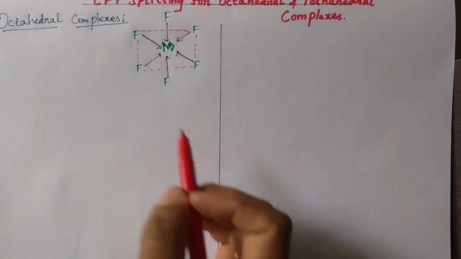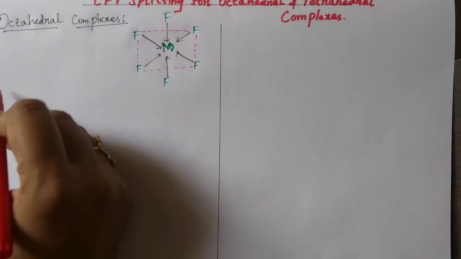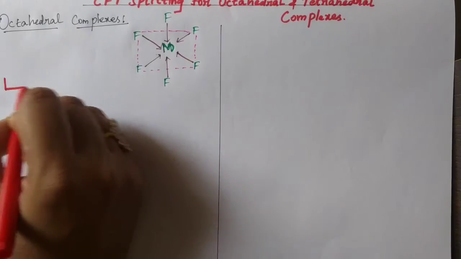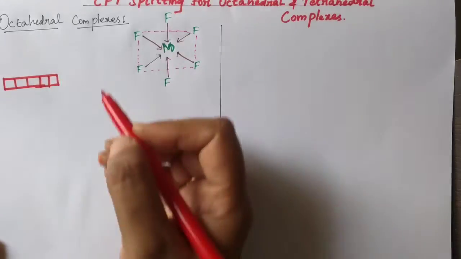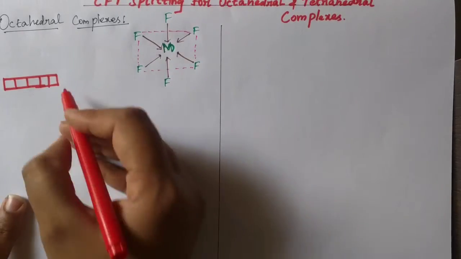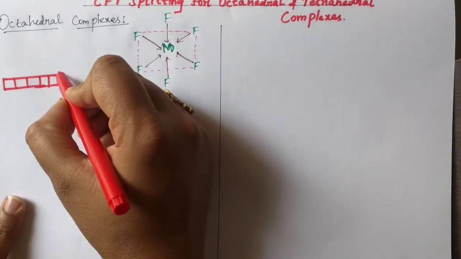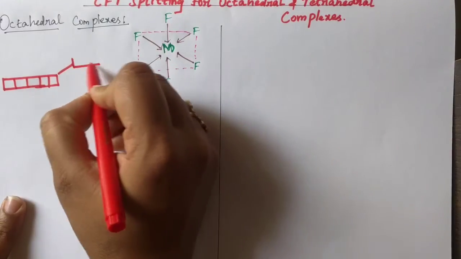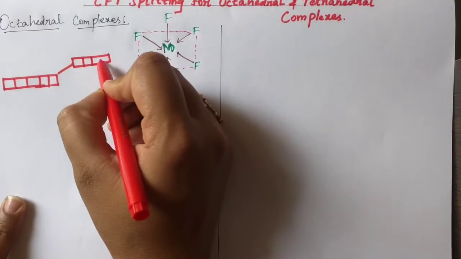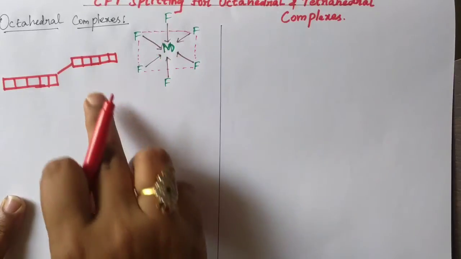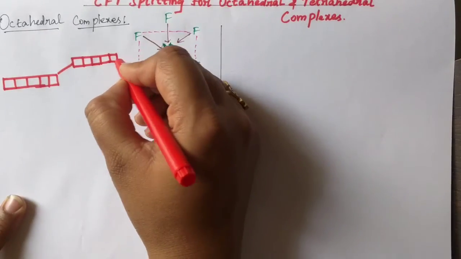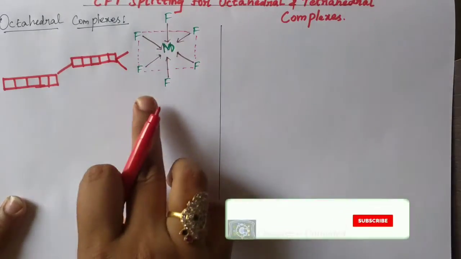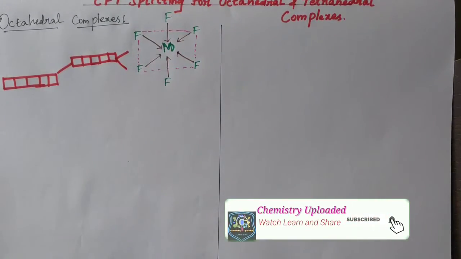When ligands approach, the degenerate level is changed into 2 sets, one is the Eg level, another is the T2g level, right?